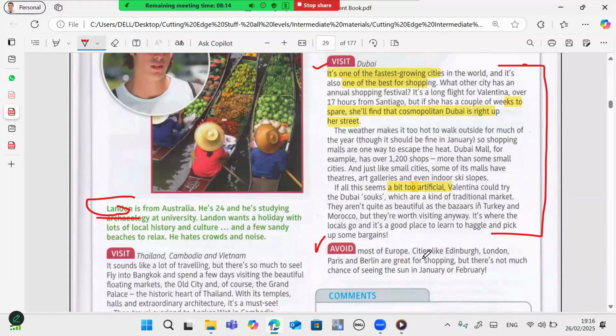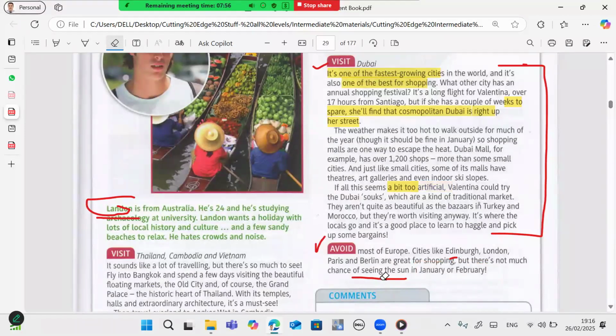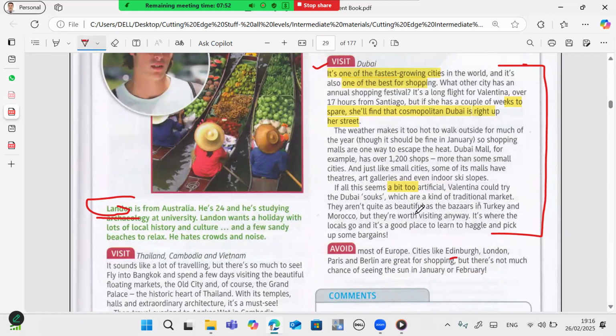Cities like Edinburgh, London, Paris, Berlin are great for shopping, but there is not much chance of seeing the sun in January and February. لذلك معظم السياحة بتكون عندنا في فصل الشتاء، عندهم هناك freezing، يعني البلد كلها عبارة عن ثلاجة.